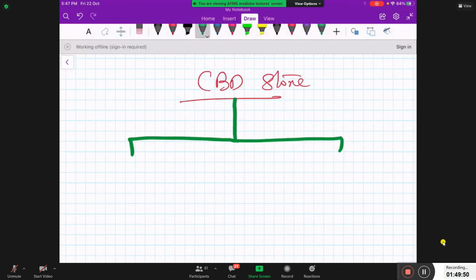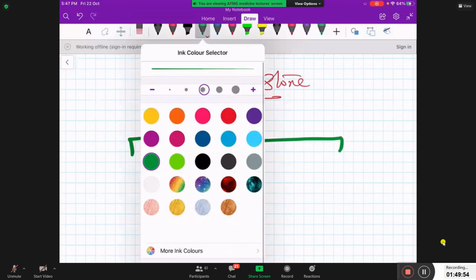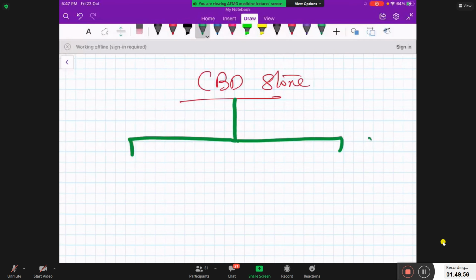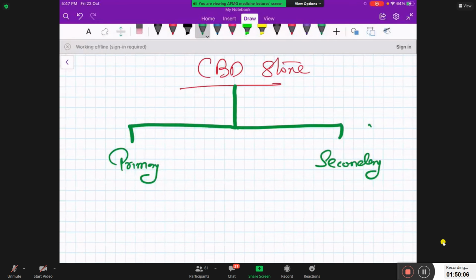CBD stone. Now there can be two types of stones in CBD. Primary CBD stone and secondary CBD stone. What is primary and what is secondary? Primary, which is formed in CBD.